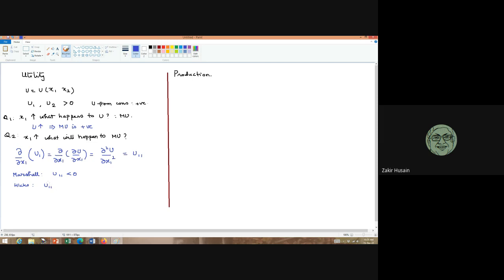So this is not essential for deriving the negative and convex indifference curve. But according to Marshall, U11 or U22 are both negative.